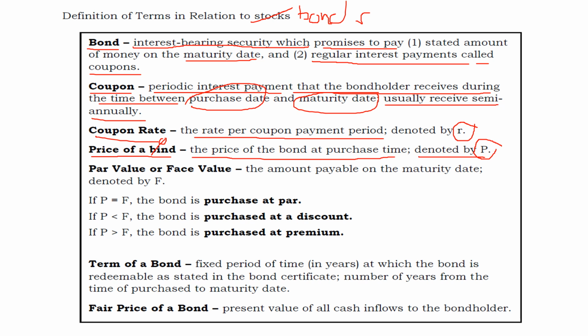This price of a bond is the present discounted value of the future cash stream generated by a bond. Again, please do take note that the bond price is the present discounted value of the future cash stream generated by a bond.